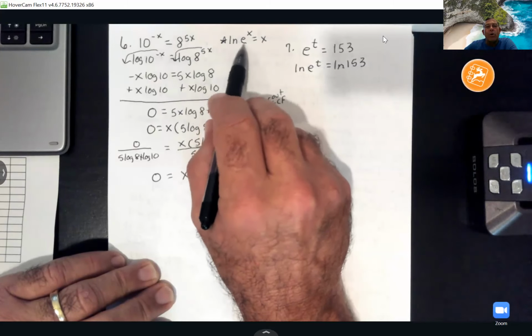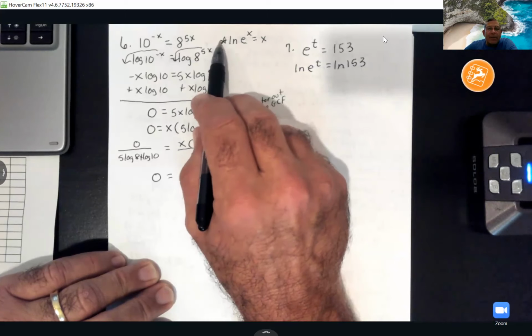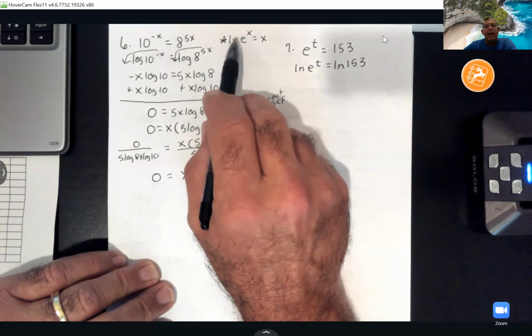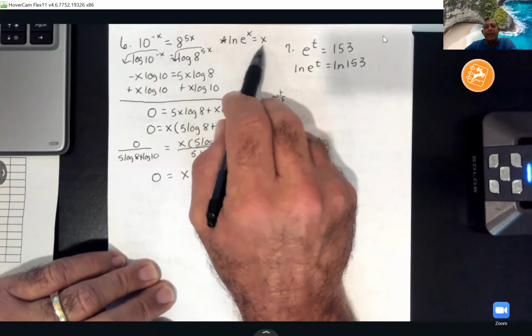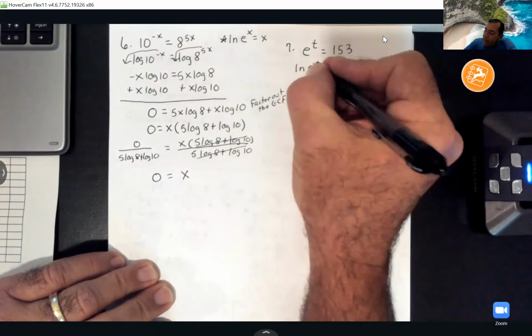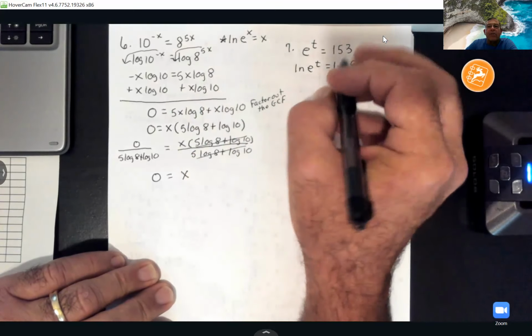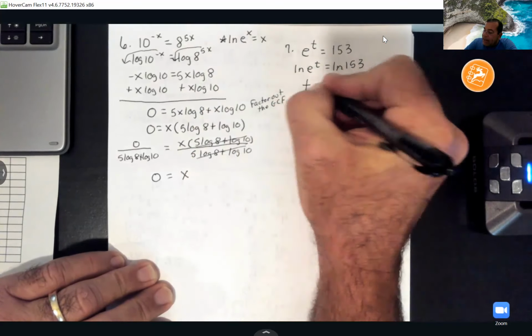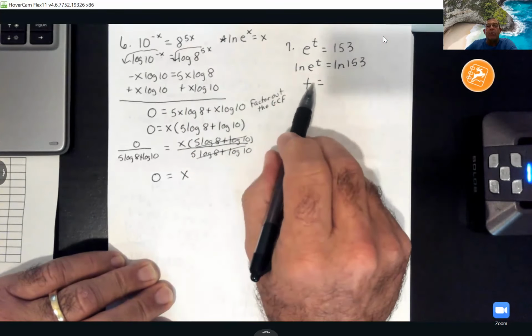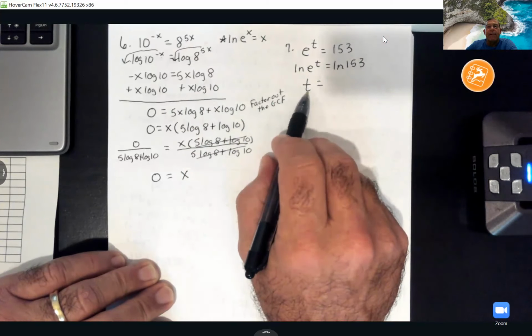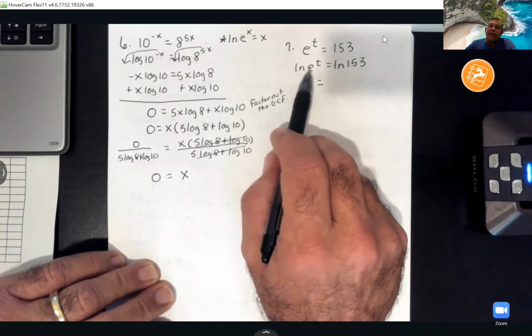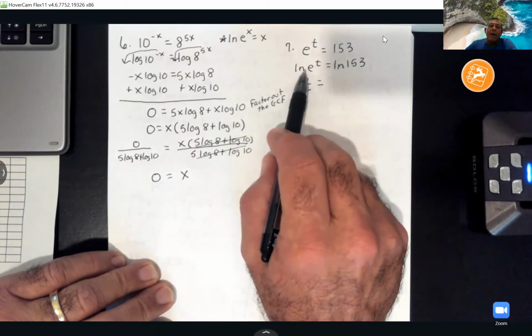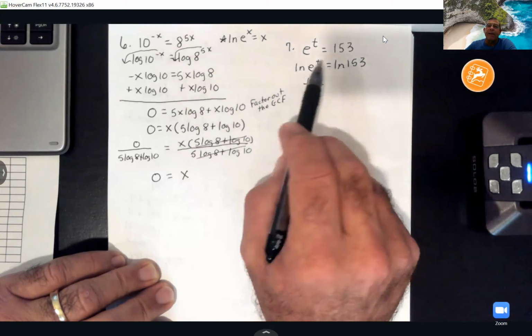That part equals 1. So when you bring that exponent down, you have x times 1, which is just x. So over here, when I bring that exponent down, that's going to be like t times 1. So y'all, the left side is just going to equal t. So that's why I really like the ln of the e stuff better than the logs, okay?